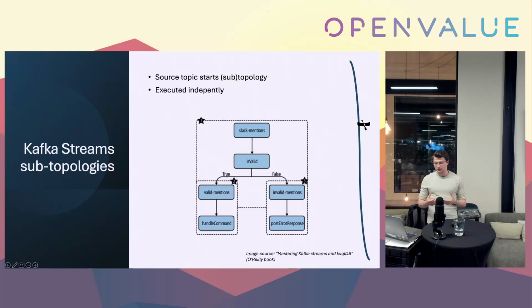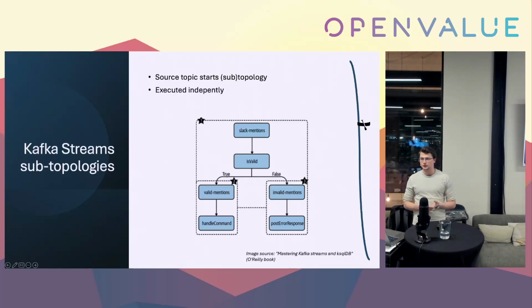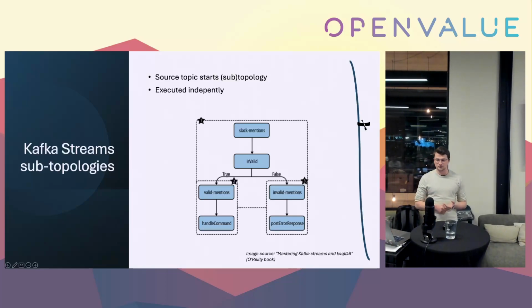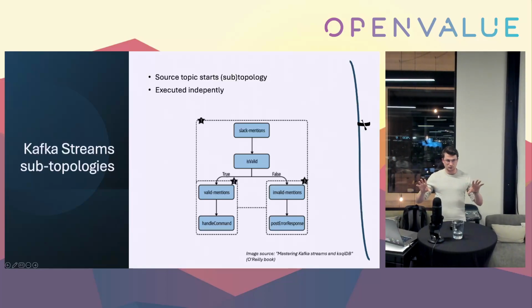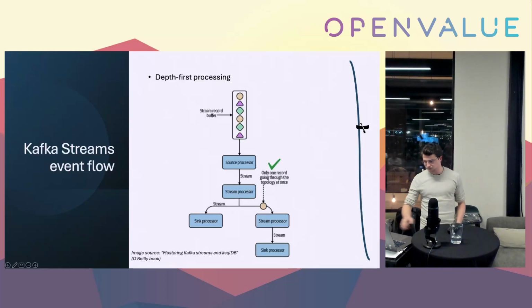So that's also why, because it sends it to Kafka and then starts reading from it again at another point. That's why this is split up in 3 subtopologies. And what is important here to notice is that those are executed independently by the service. So each of these 3 topologies are on their own, basically.